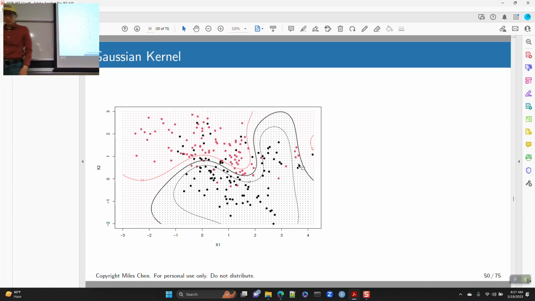So I can get this really flexible boundary here. Whereas this cable, sure, I can bend it, but now it's really hard to get tight turns. You can think of how tight we can make these turns as related to the gamma parameter, okay?